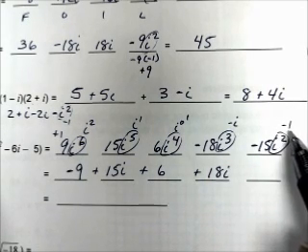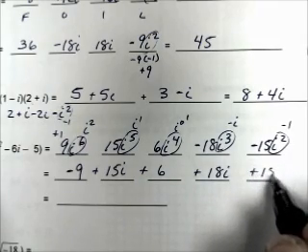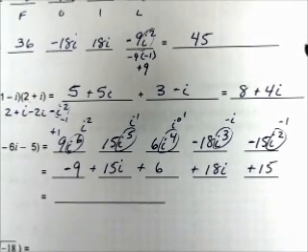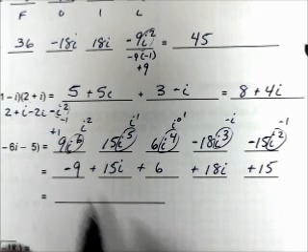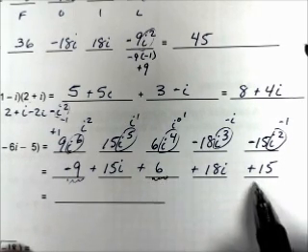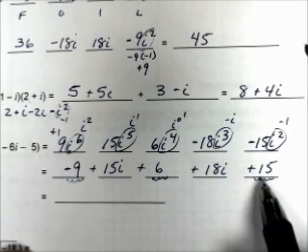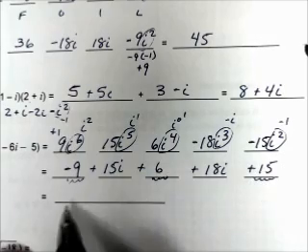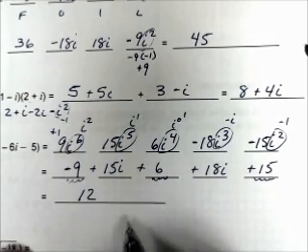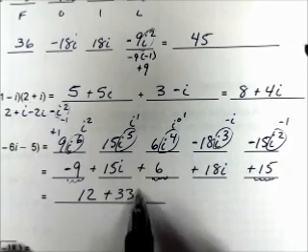Negative 15 times negative 1 is positive 15. Now combining the like terms, we have negative 9, a positive 6, and a positive 15 results in positive 12. And 15i and 18i is 33i.